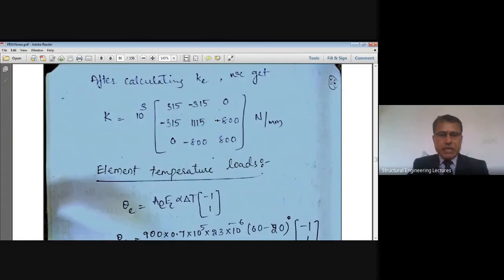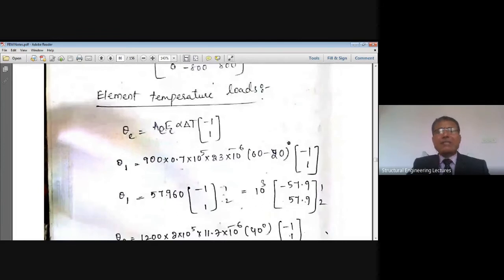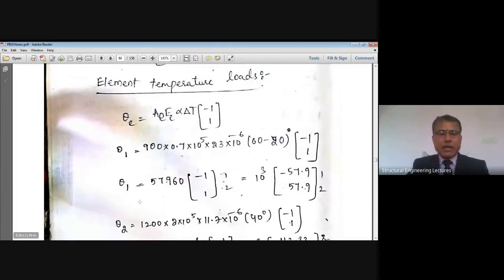The rest is minus 800, minus 800, 0. That is how the element stiffness matrices are superimposed to get the global stiffness matrix, in terms of Newton per mm.